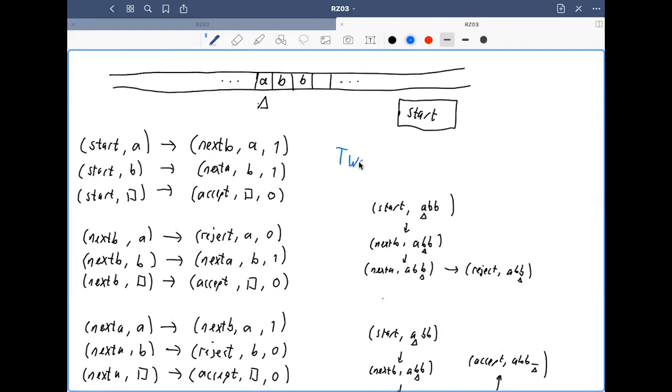So this is two different runs. When we run a non-deterministic machine, we don't know what's going to happen. That's why it's non-deterministic. It's not determined by the machine.